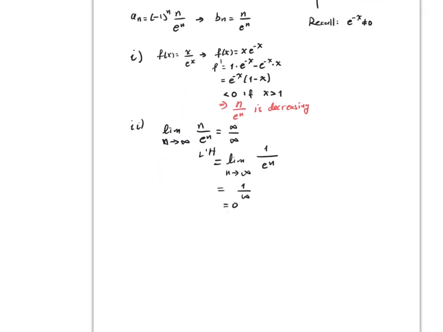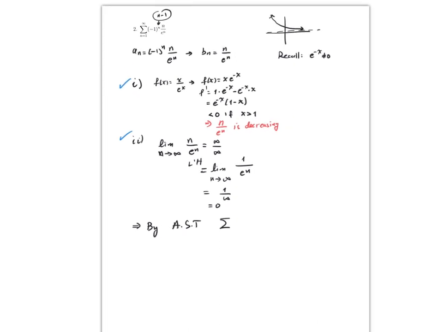So this satisfies the two conditions: it is decreasing and the limit is 0. Therefore, by the alternating series test, the series from 1 to infinity of minus 1 to the n over e to the n converges. And that's it.